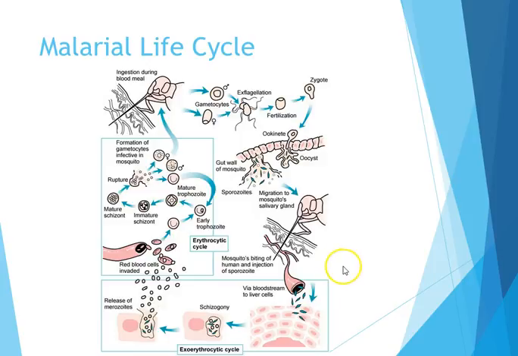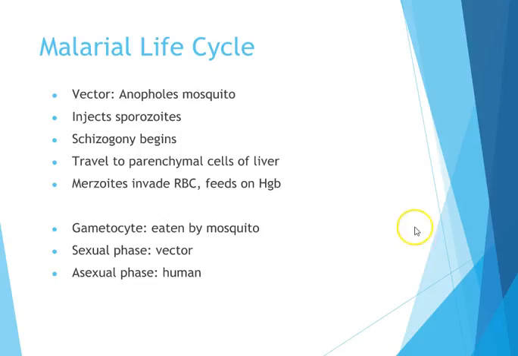But the vector of this organism is the Anopheles mosquito, and the mosquito bites the patient and injects these sporozoites. The process of them growing and multiplying occurs, and this is called schizogony.